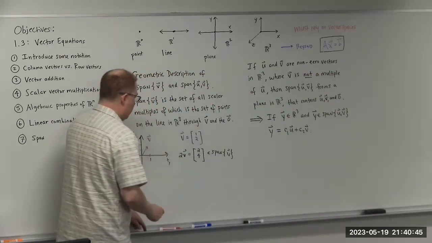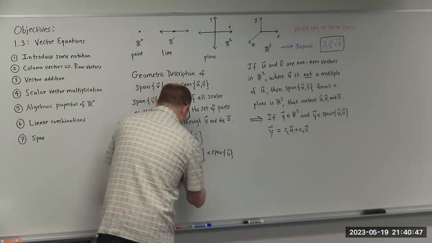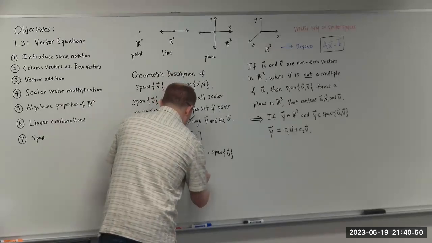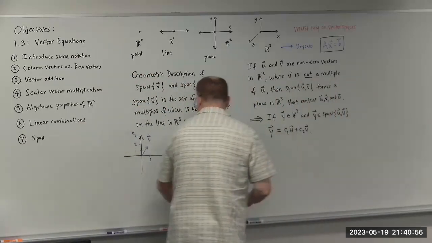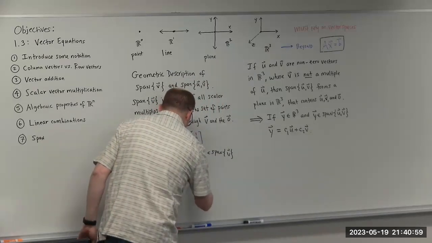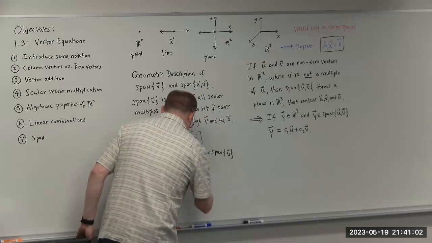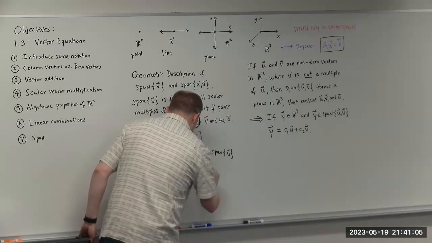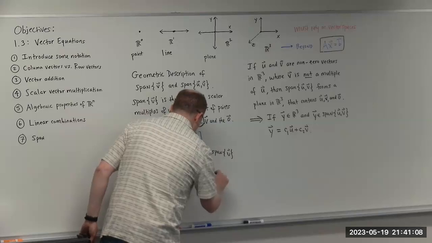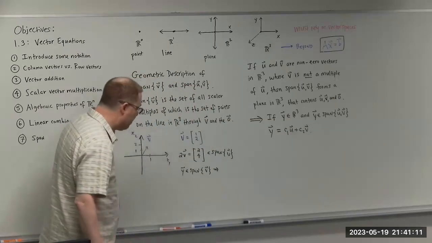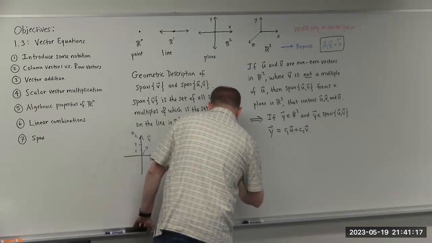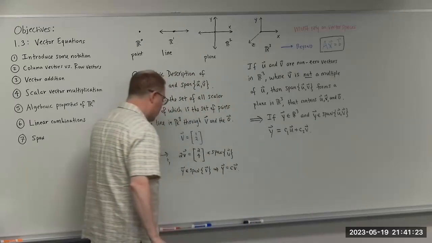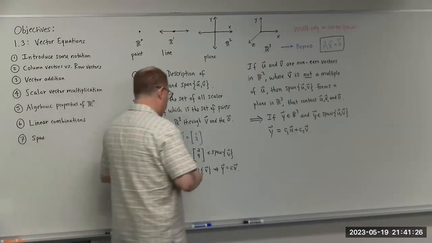Likewise, if you have a vector y that belongs to the span of v, because we're working with one vector, this implies that y is equal to some multiple of that vector.